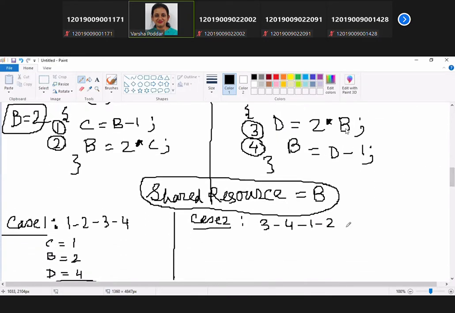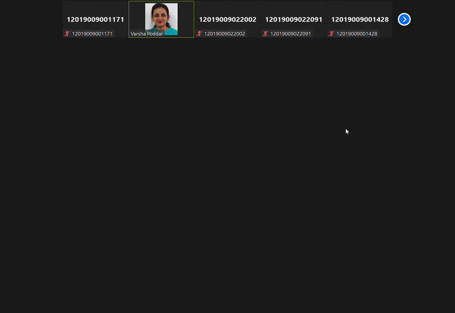Now 3, 4, 1, 2. So 3, 4, that means D equals to 2 into B, the initial value of B is 2, then 4, then 1, then 2.